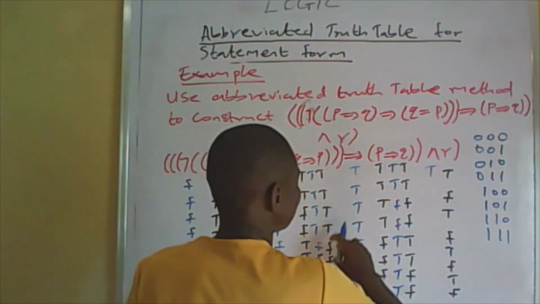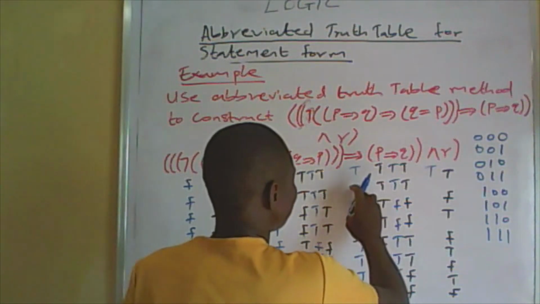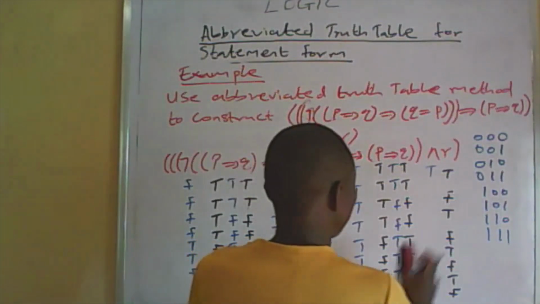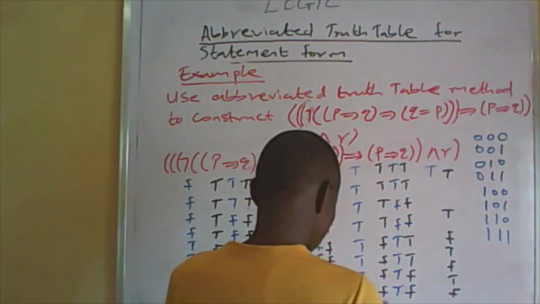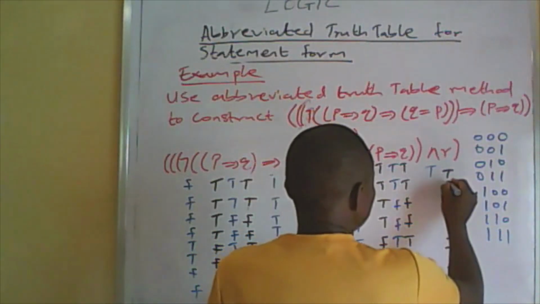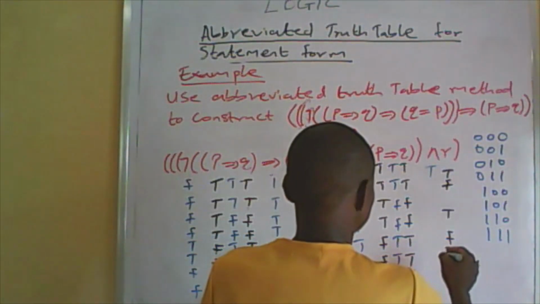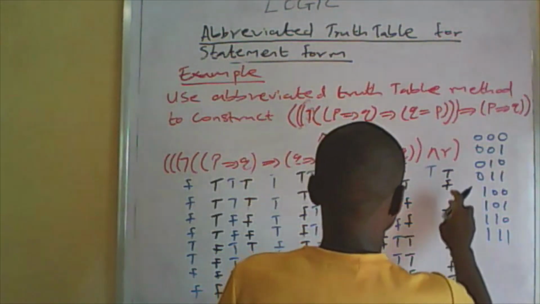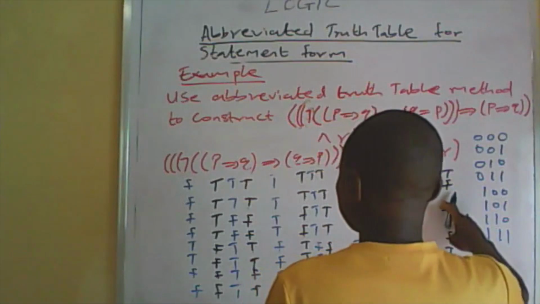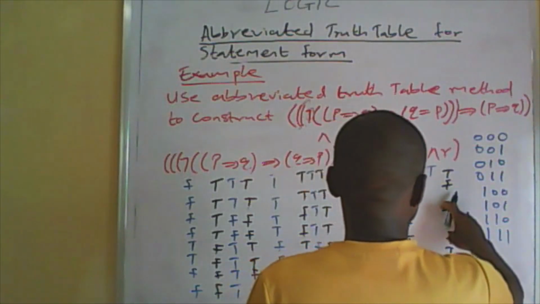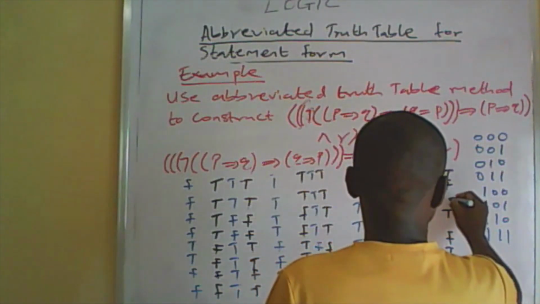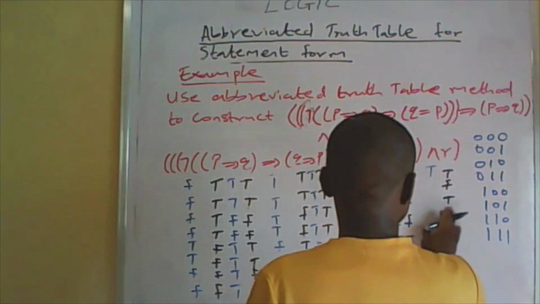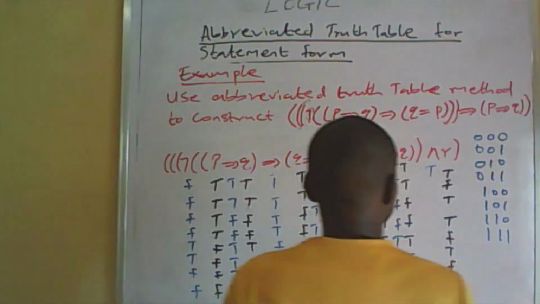Here you have T, you have F. So let us write it very well. Sorry, shift it. So it will be F here. So here is T. Here is T. Very good.